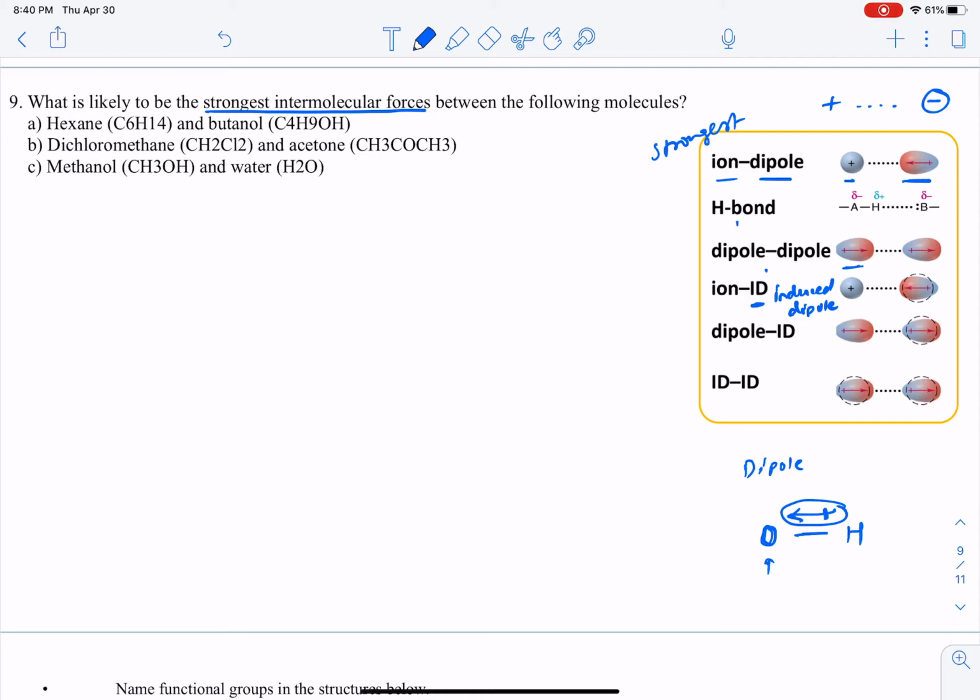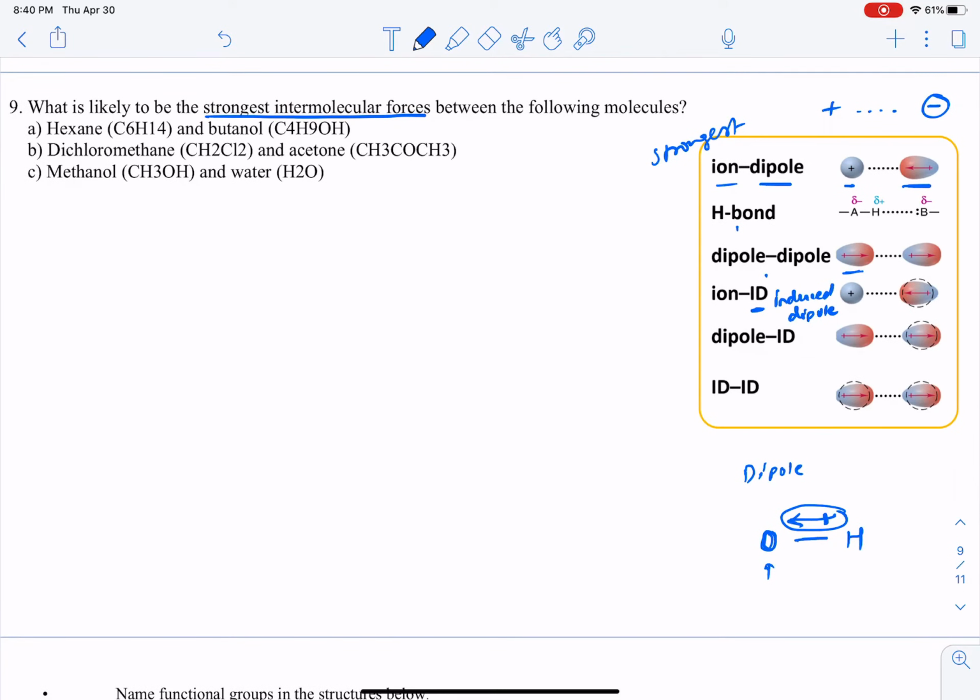Let me show you what induced dipole means. A dipole affecting another normal molecule to create a dipole. So let's consider this is again another H, and we have a C. This one is a dipole, and here is a hydrogen.